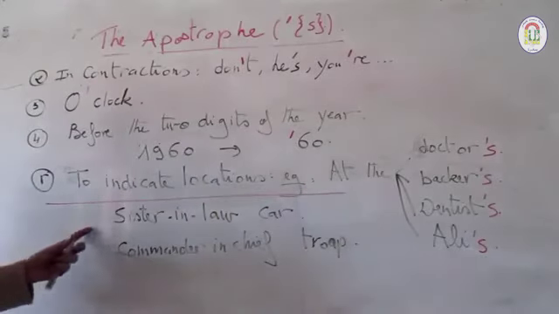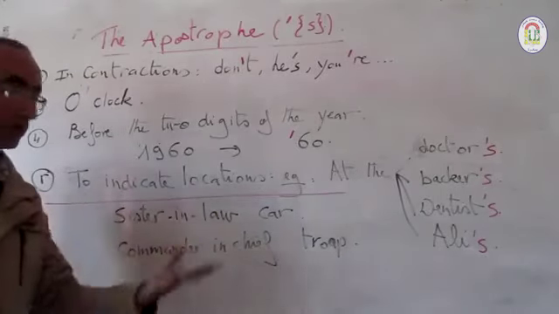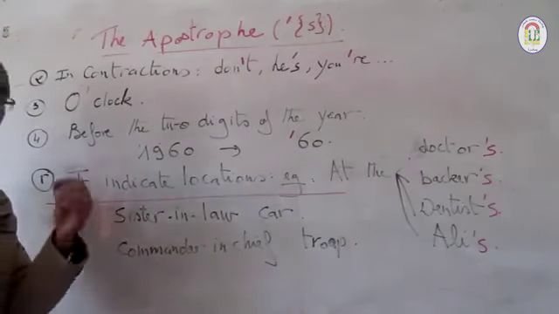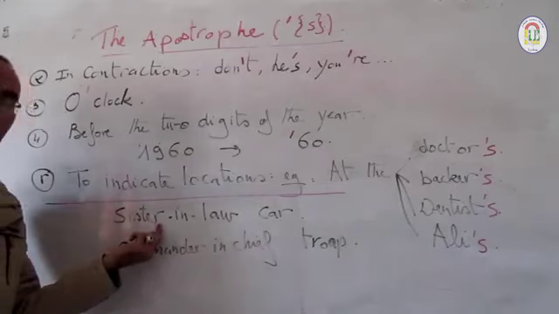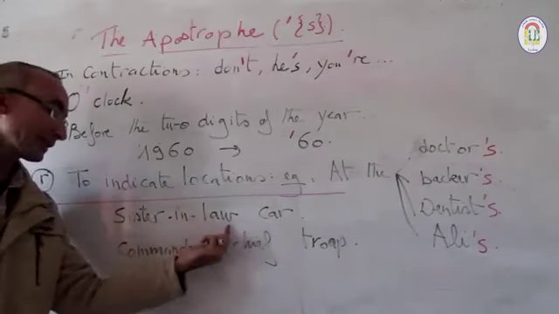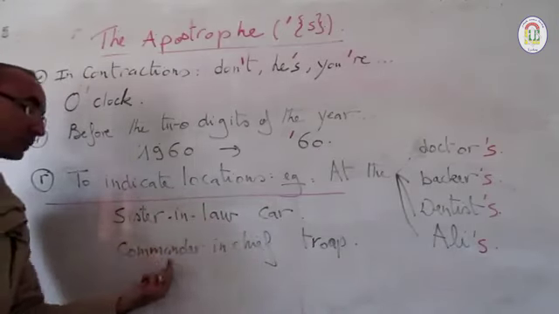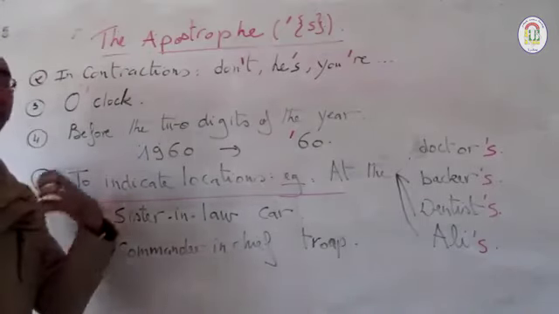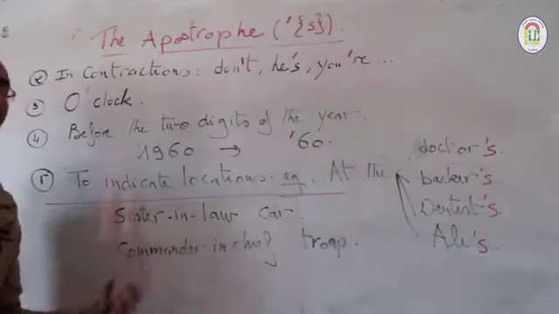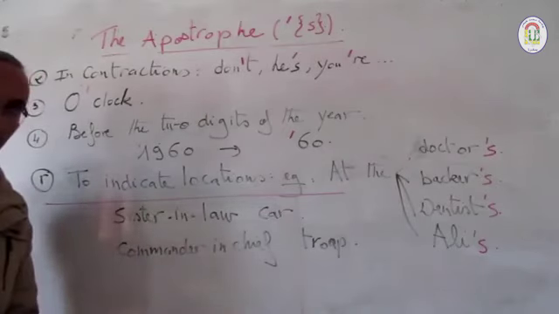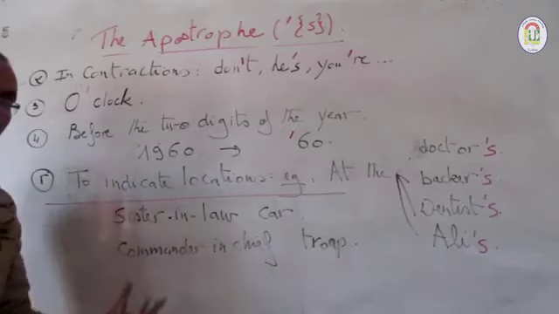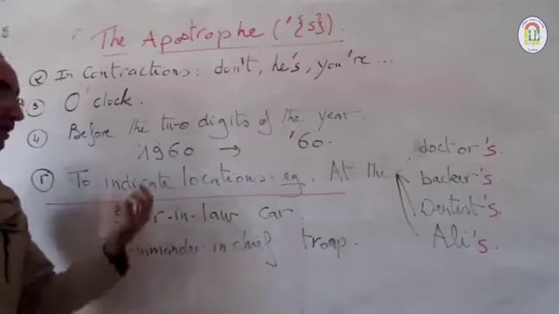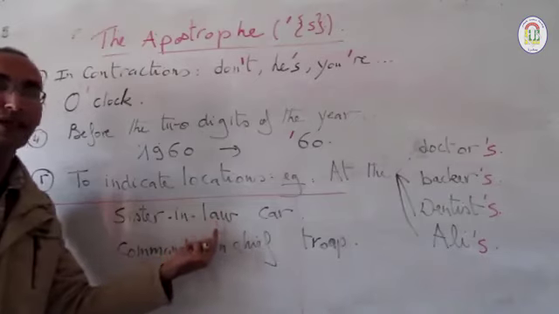Now here, as you know, we form plurals of compound nouns by always putting s at the end of the first part of the compound noun. Sisters-in-law here indicates plural. Commanders-in-chief indicates plural. How about the possessive case with these nouns? The rule says that we must always add the apostrophe or apostrophe s at the end of the last part of the compound noun.